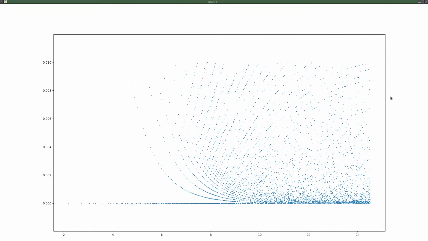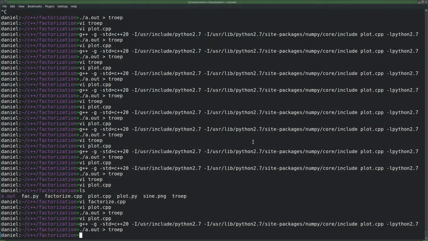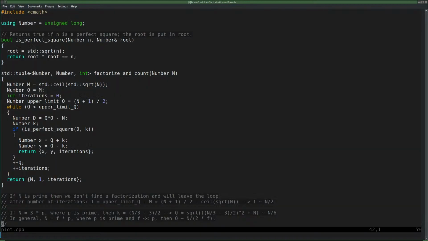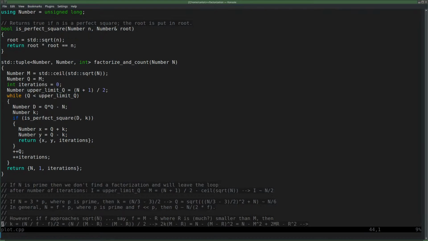It's so weird. Why do we have a 0 here? I think if we immediately find it, is the number of iterations then 0? I don't think so. Though the very first hit is correct.